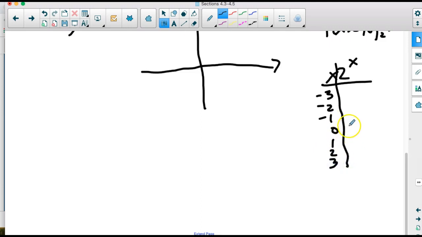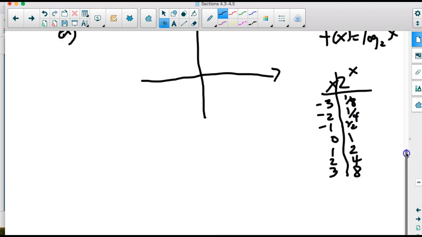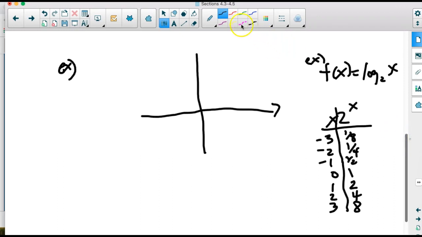This would be 1/8, 1/4, 1/2, 1, 2, 4, 8. So when we swap them around here, we're going to just graph the inverse.